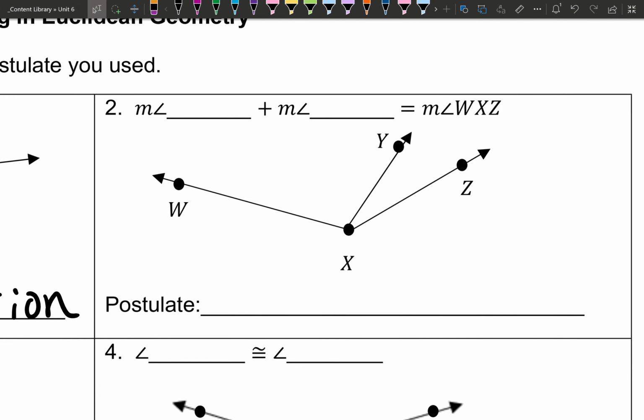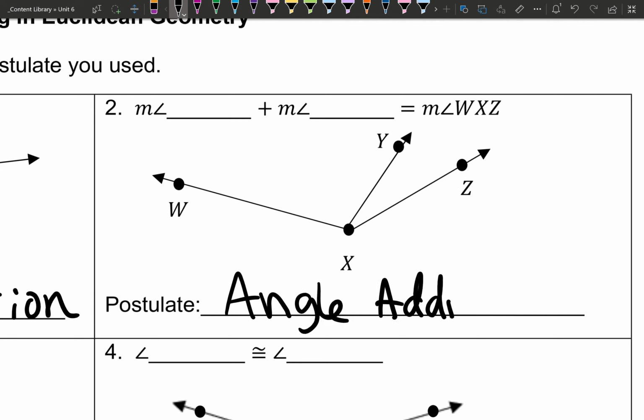Number 2. Here I have the measure of an angle plus a measure of another angle equals the measure of angle WXZ. First and foremost, I'm going to write down the postulate, which, again, not that creative, angle addition.